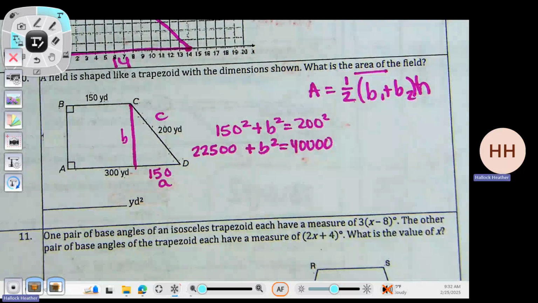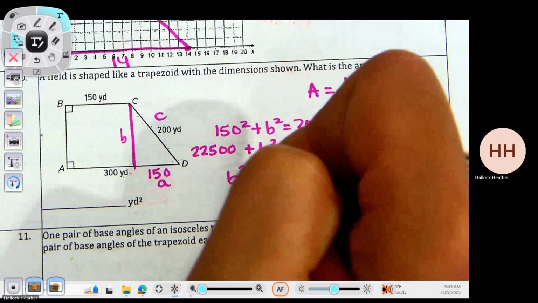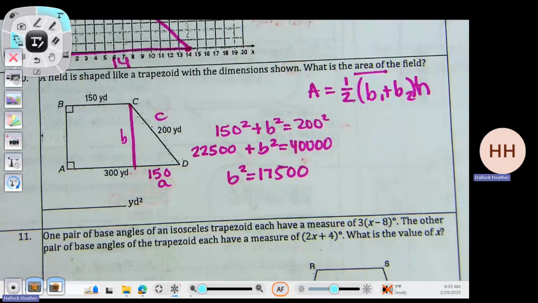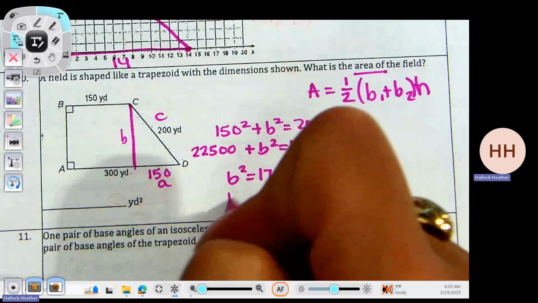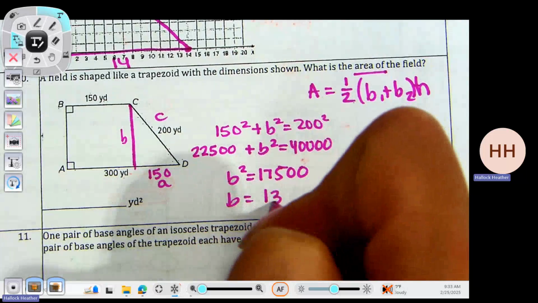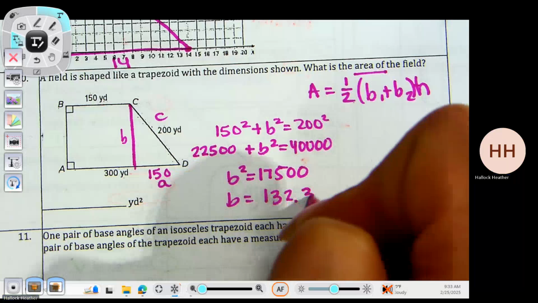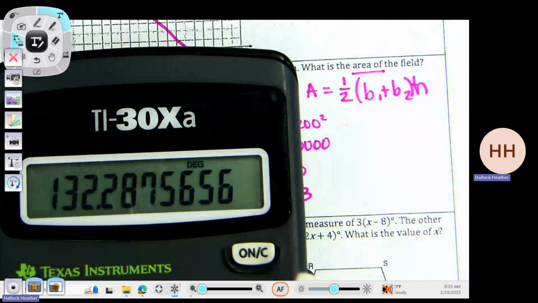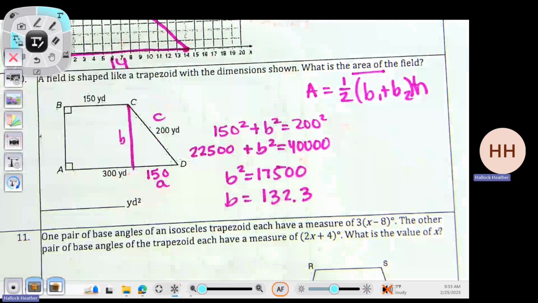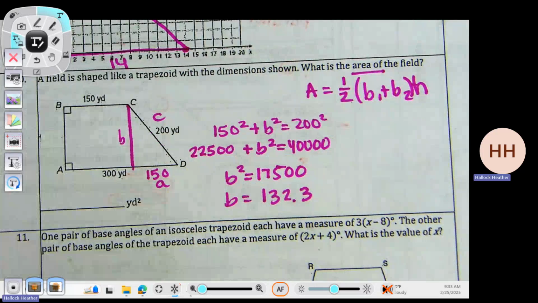I'm minusing 22,500. So I get 17,500. And then I'm square rooting. So my B, or my height, is 132.3 because we're going to round to the nearest tenth. So 132.3, because that's 2.8, so it rounds up. So that's my height.